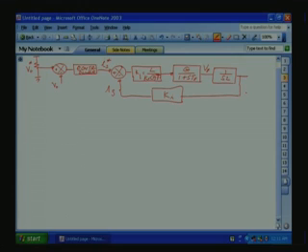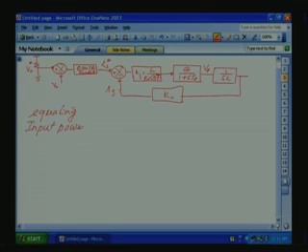So, equating the real power, input power should be equal to the output power, we will find the relation.